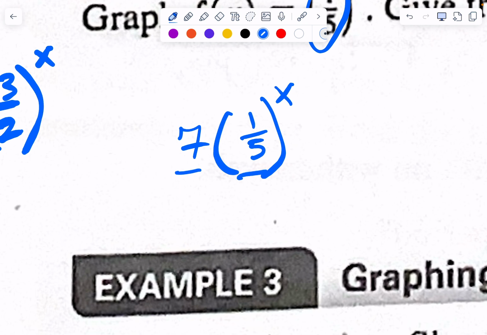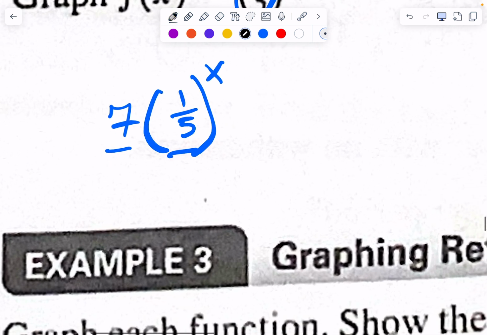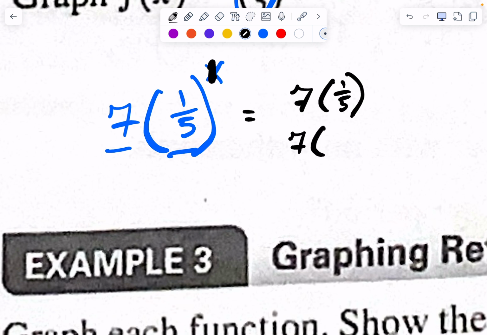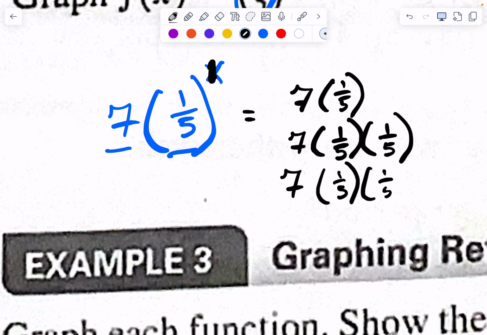It's going to be 7. Let's say if I plug 1 in here, right? This would be like 7 times 1/5 to the first power. If I plug a 2 in there, that's 7 times 1/5 to the second power, which is like taking it times 1/5 times 1/5. If I take 7 times 1/5 to the third power, it's 1/5, 1/5, 1/5.